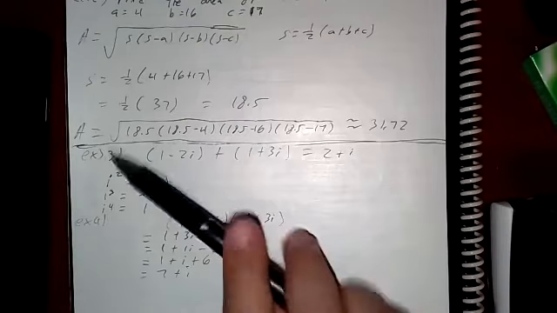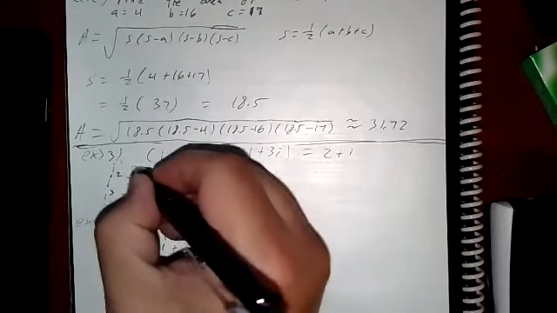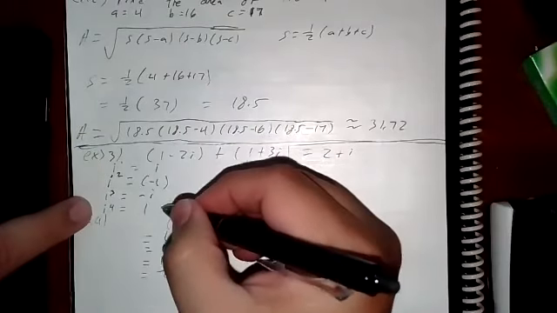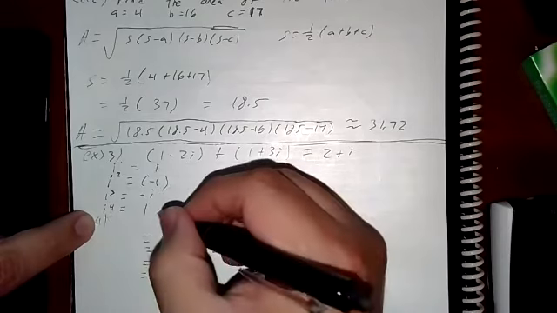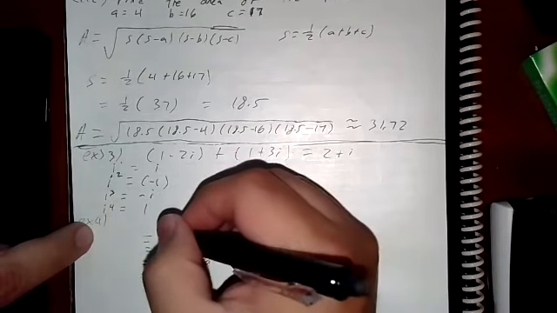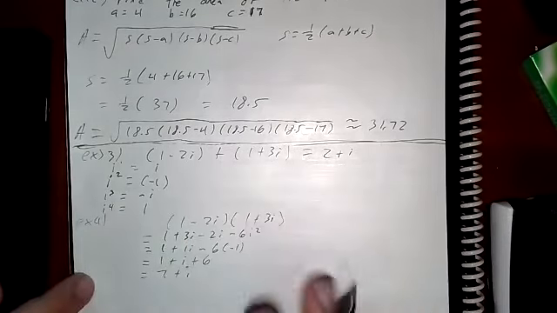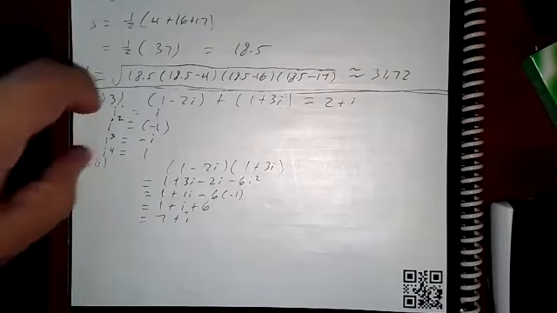So i to the first is just i, but it cycles from 1 through 4 and then starts over. The next one will be i to the 5th power, then negative 1, and it just keeps going for eternity. That's the same pattern.